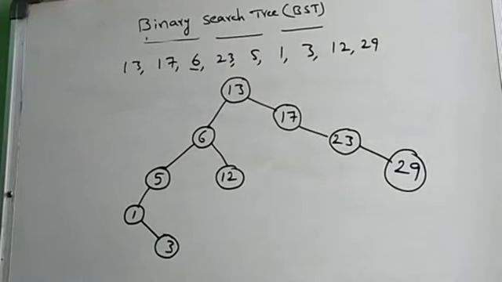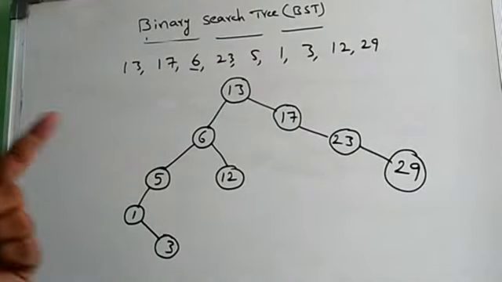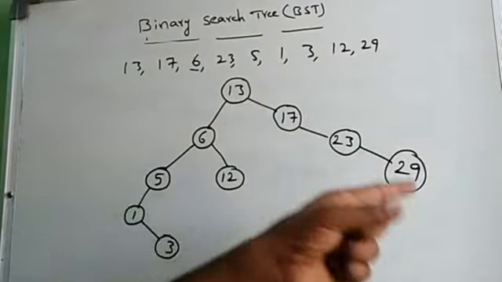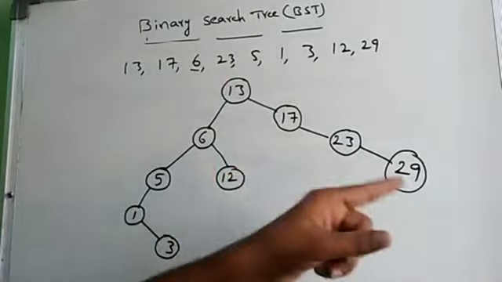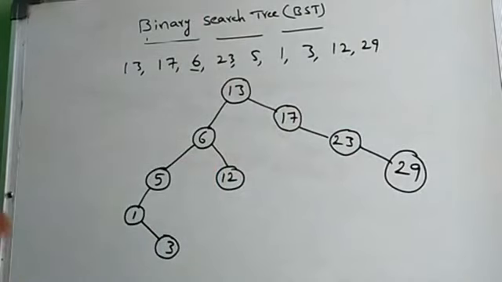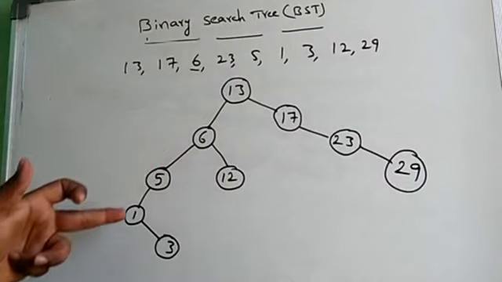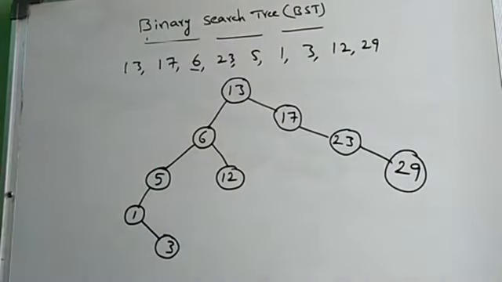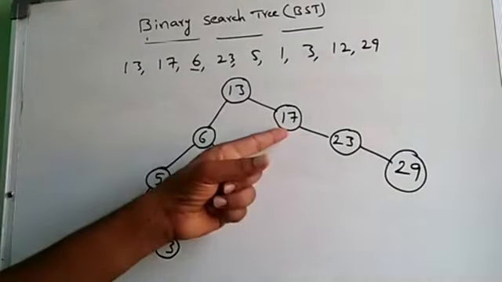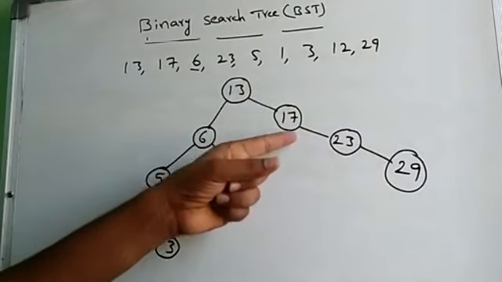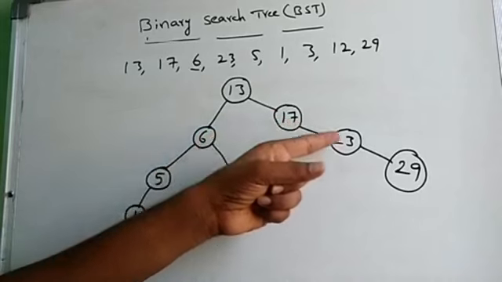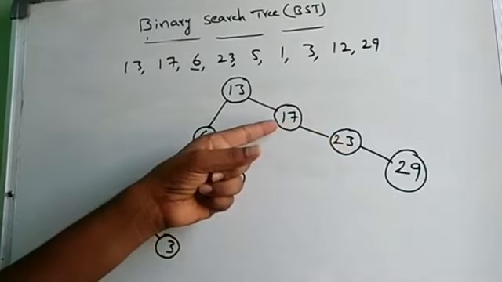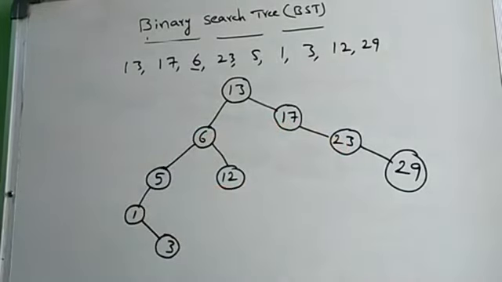Next, if a node is greater than the root node, go to the right-hand side, comparing one after another until it is placed in the proper position. Next, if the node is less than the root, go to the left until it is placed in the proper place. If an element is already there, there is no replacement. If the value is compared with a node and it is greater, go to the right side. If it is less than 17, go to the left side.